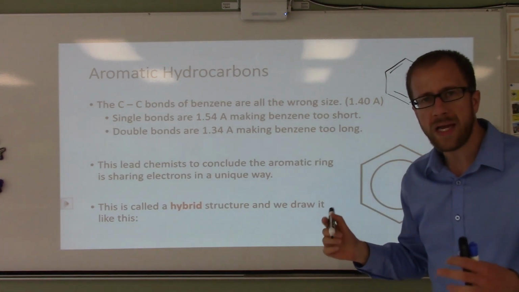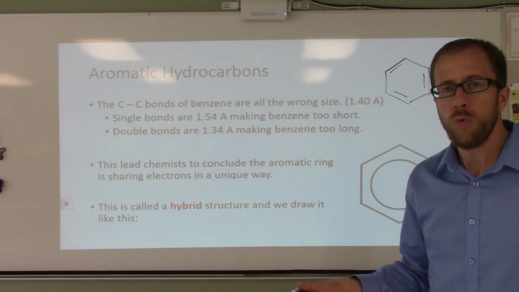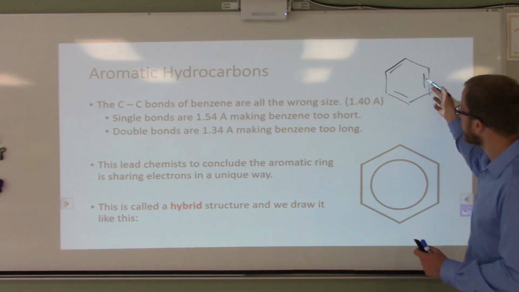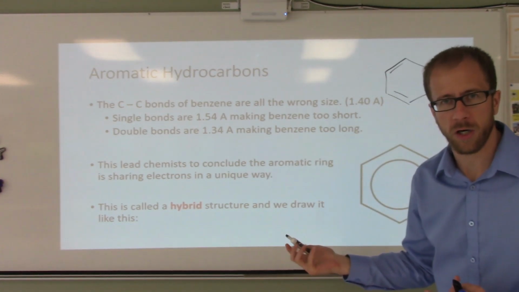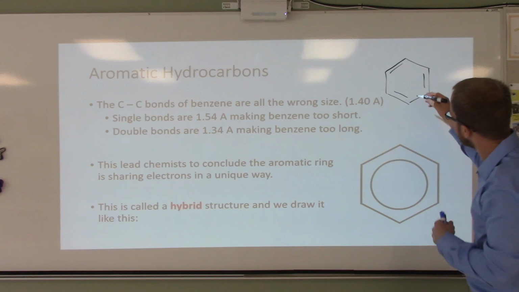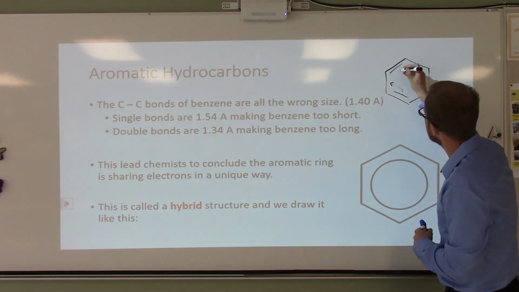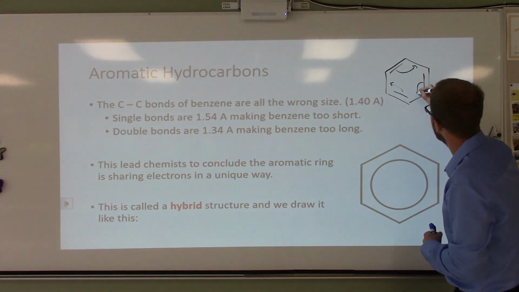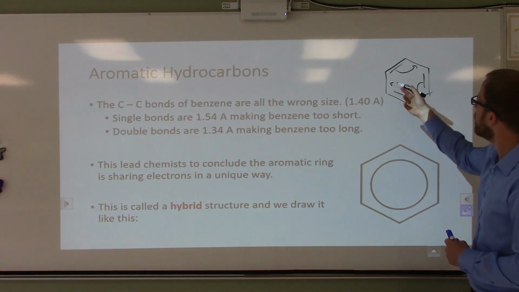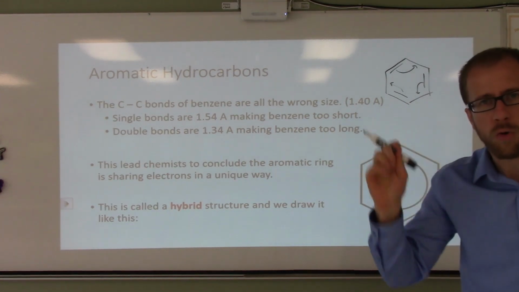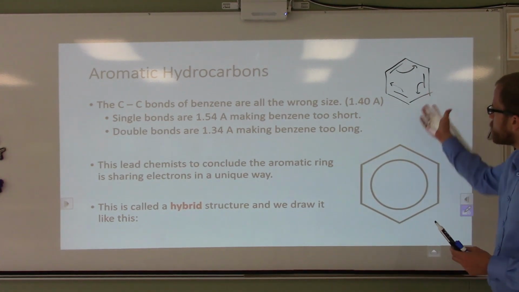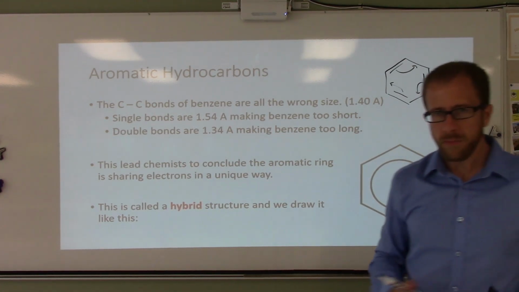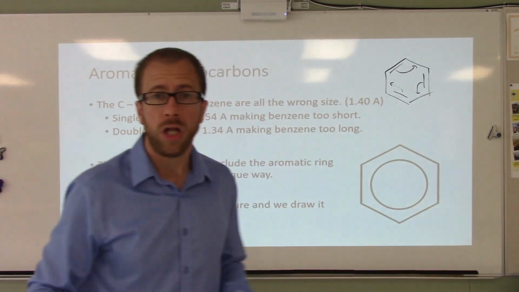Now, due to the way double bonds work, we consider these shared electrons to be delocalized, is the term, because these double bonds can move, right? They're delocalized, so we draw them like this. So these shared electrons of these double bonds are shared amongst all of the carbons.